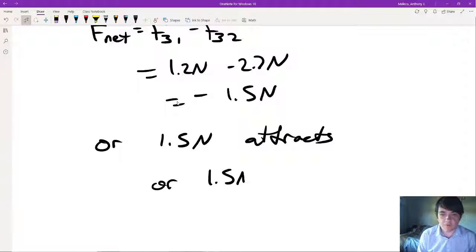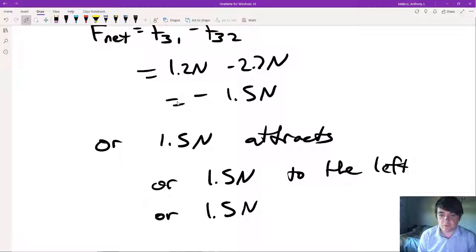Or 1.5 newtons to the left, okay? And if you remember i hat, j hat to use direction, you can also write 1.5 newtons, negative x hat, or negative i hat if you wanted to use unit vectors to denote that, okay?